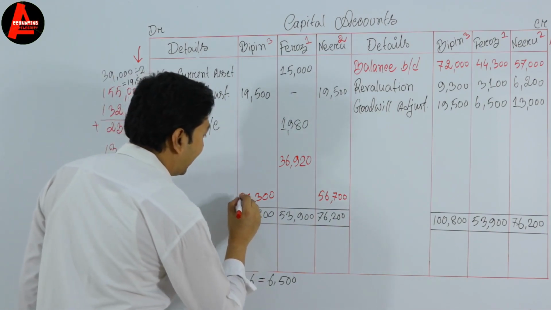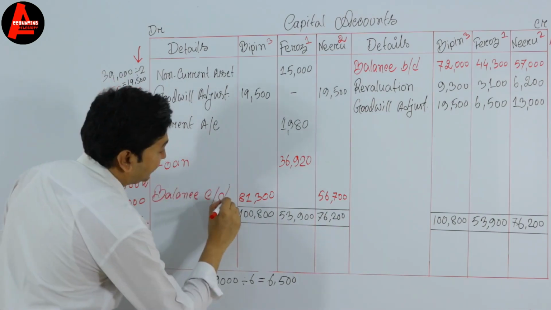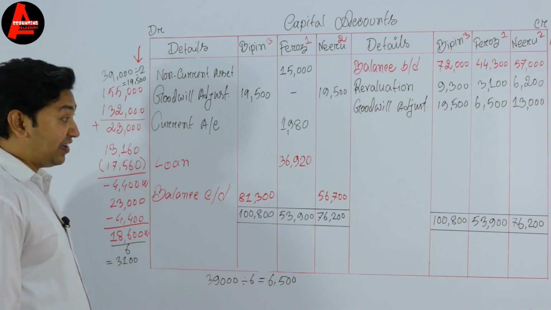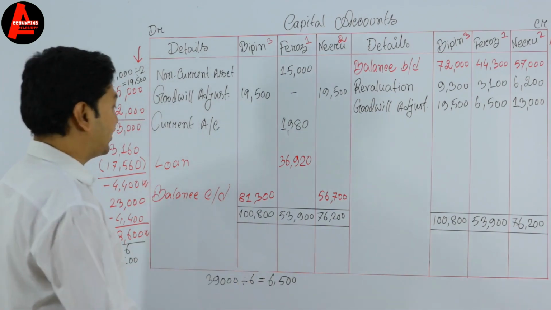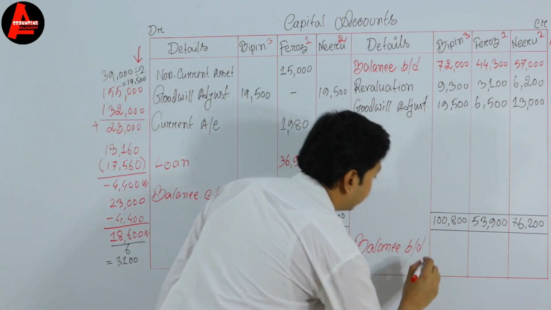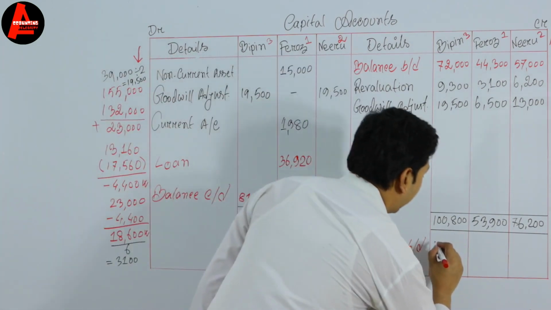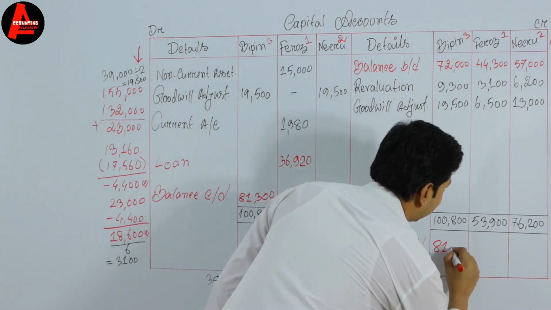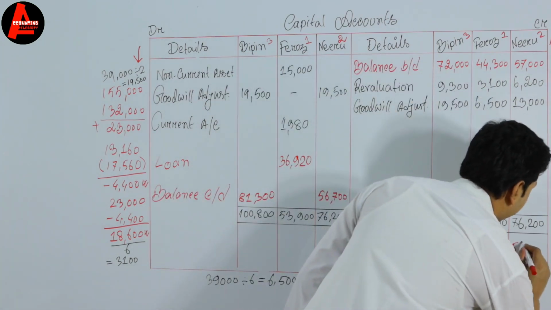$81,300 here is the balance figure, right? So we will write here balance c/d. c/d stands for balance carried down. Now we will bring down this balance on the debit side, so let us write here balance b/d, meaning balance brought down. Bipin's balance is $81,300 and Niro's balance is $56,700.